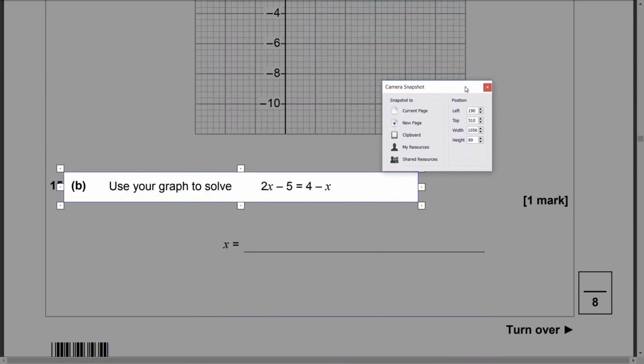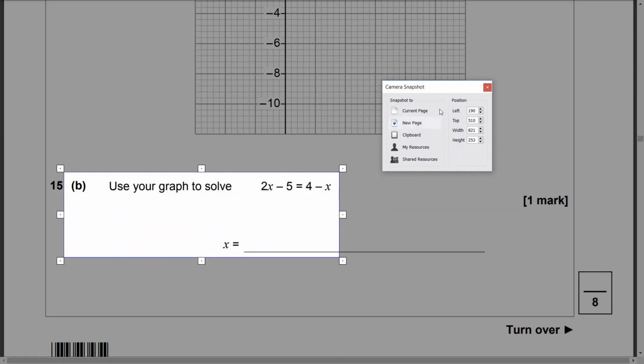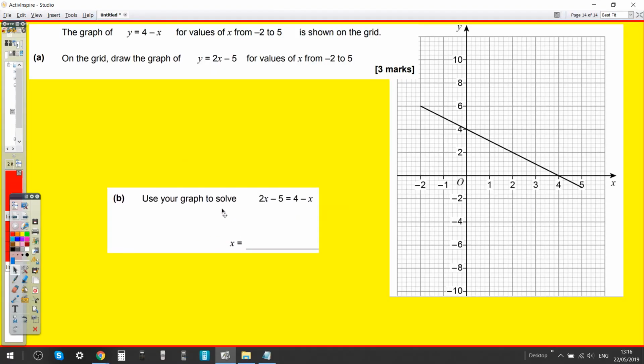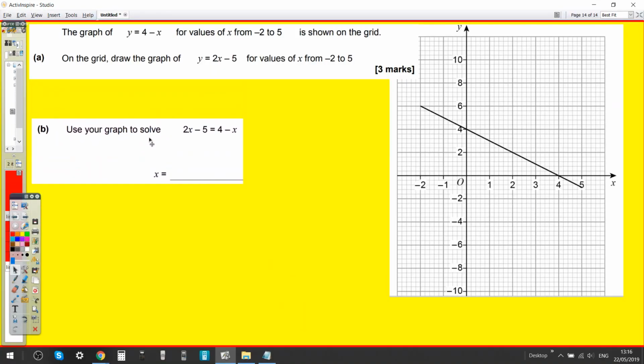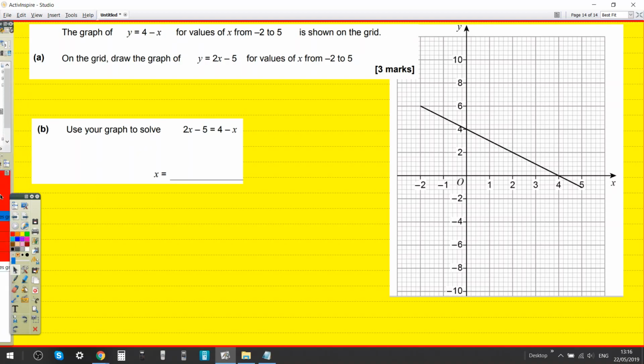Okay, on the grid draw the graph of y equals 2x minus 4.